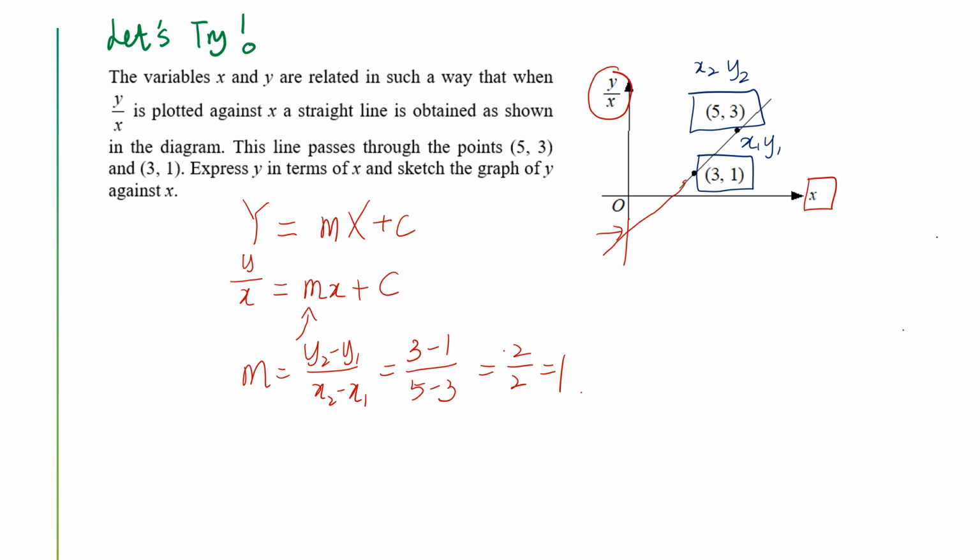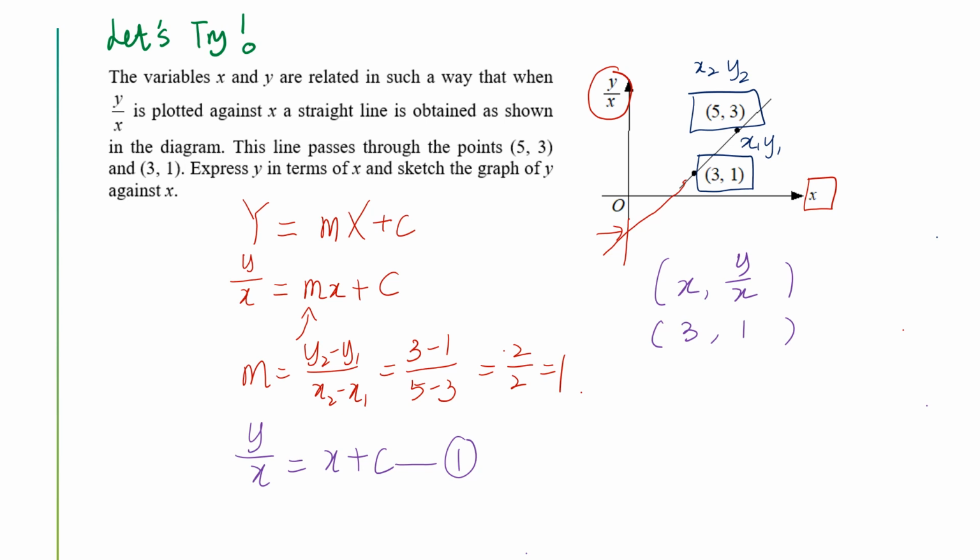So we can substitute the gradient into your equation. The next step is to find the unknown c. You can simply substitute either 5, 3 or 3, 1 into equation 1. In this case, we can use 3, 1 or 5, 3, but I'm going to use 3, 1.